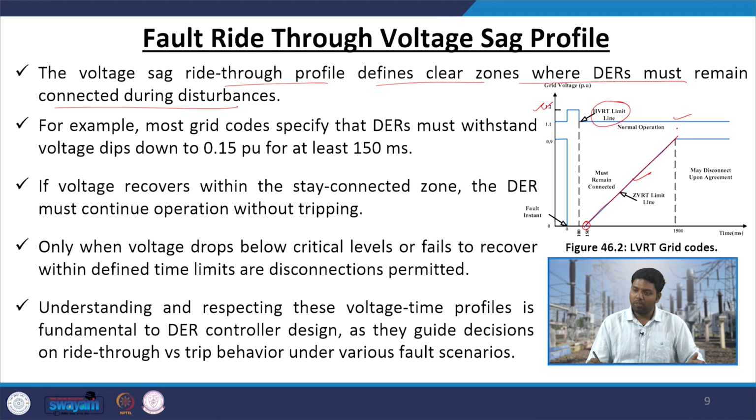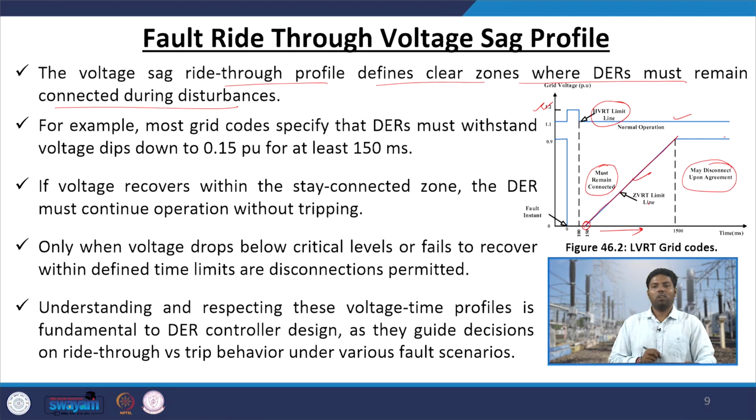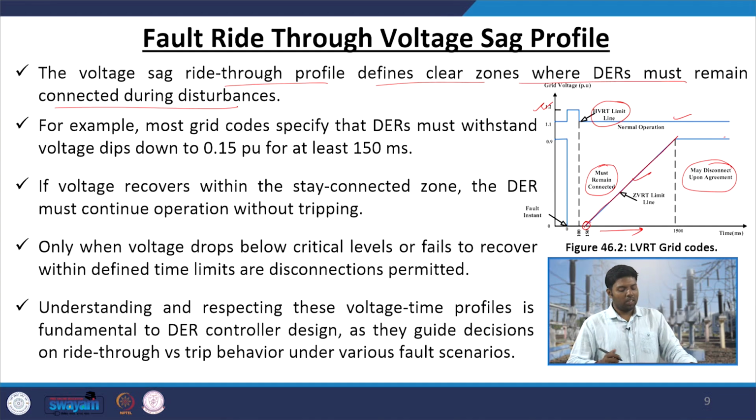If after 150 milliseconds your system voltage improves and comes to, let us say, 0.9 per unit, then this is your connected zone. But if it still remains in the low voltage zone, then you can disconnect it upon agreement. This is the ride through operation of any DER.